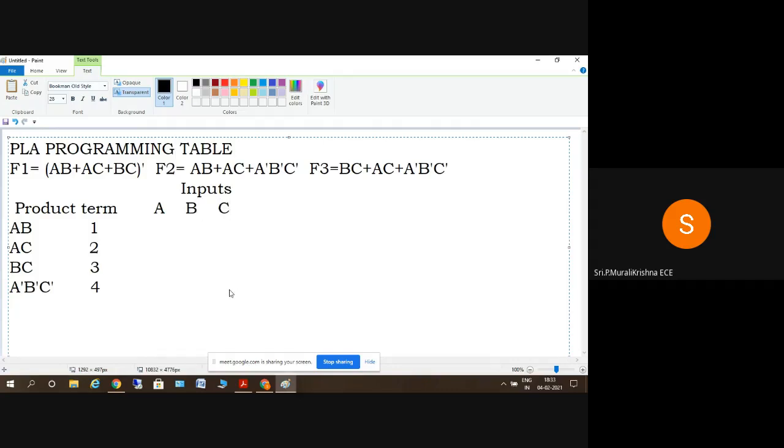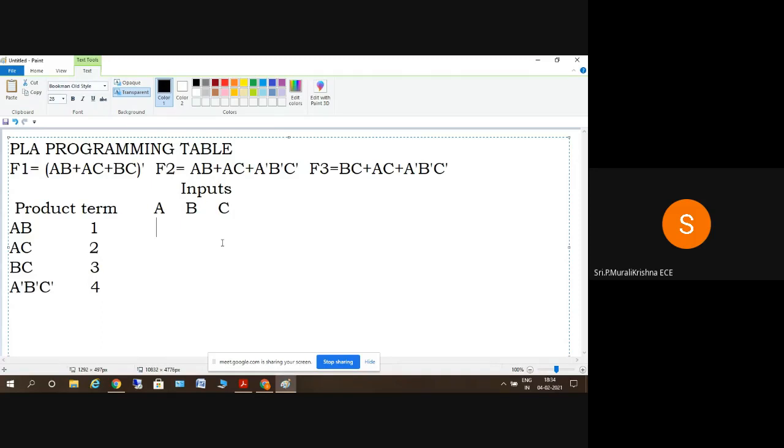So what we have to do here is, in a product term, if the variable appears in true form, put it as 1. If it is in the complement form, put it as 0. If there is no term there, put a dash.